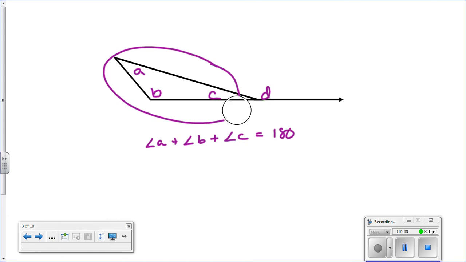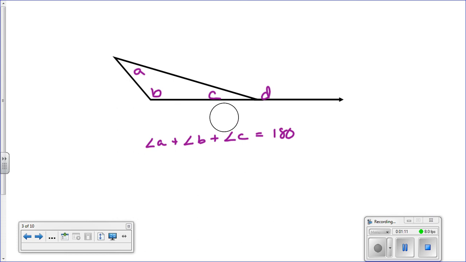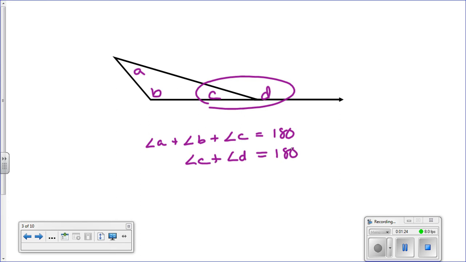You also know that these two angles are supplementary. So angle C plus angle D is also equal to 180. Because the angles inside the triangle add up to 180 and these two angles right here add up to 180, they have a very specific relationship.